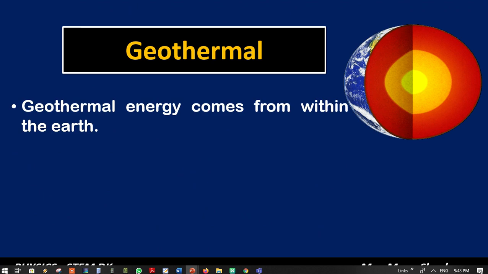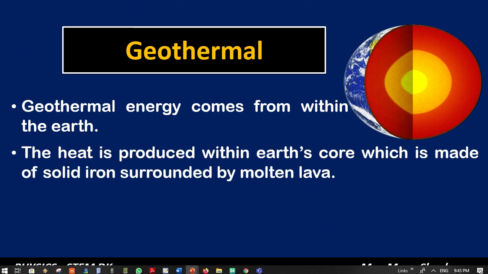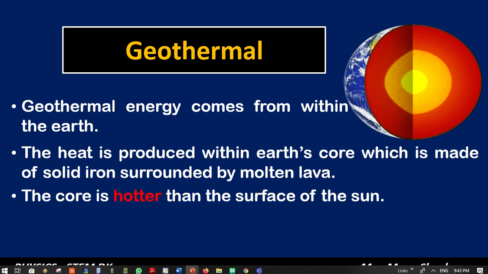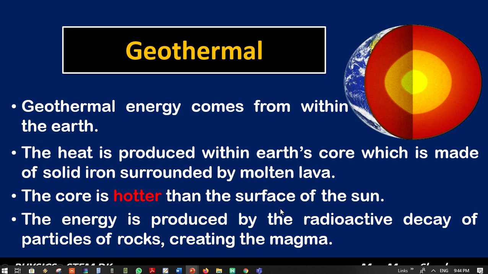Geothermal energy comes from the Earth's core. The heat produced in the Earth's core is much larger than the energy of the sun. It is produced from molten lava, and from the energy produced by radioactive decay of the particles of rocks, creating the magma.